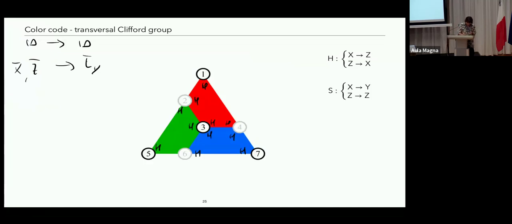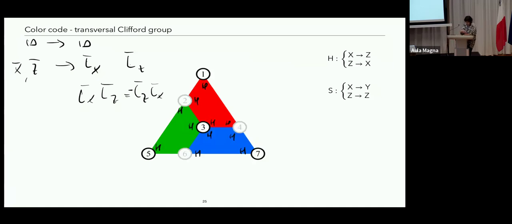The image of X we call logical X, LX, and the image of LZ. But what is important is that the commutation relationship is preserved, as it was for the original logical operators, because this is what Cliffords do: they preserve the commutation relationship.